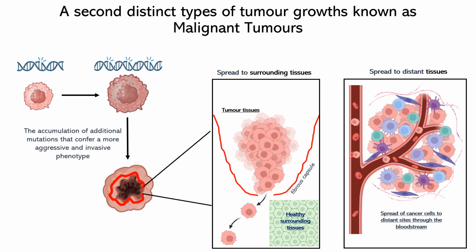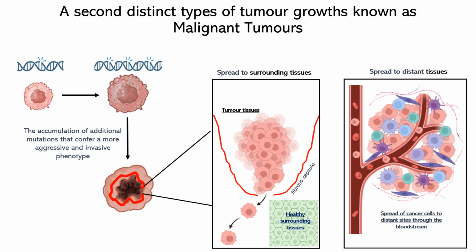The second thing that might happen is that these cancer cells, over time acquiring more mutations and becoming more aggressive, will induce the blood vessels to enter within the tumor. And once the blood vessels enter there, the cancer cells will be able to go through the walls of the blood vessels and then move through the bloodstream and go to distant organs.